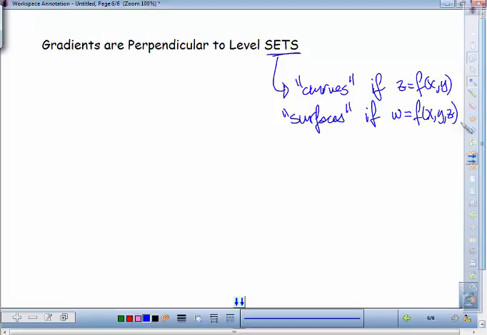And anything higher than that, you just have to imagine it as something that's higher than 4 dimensions. Okay? So what does that mean?